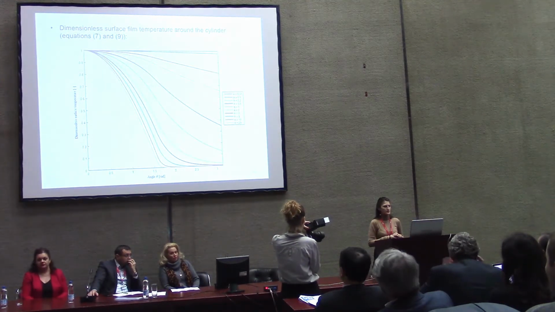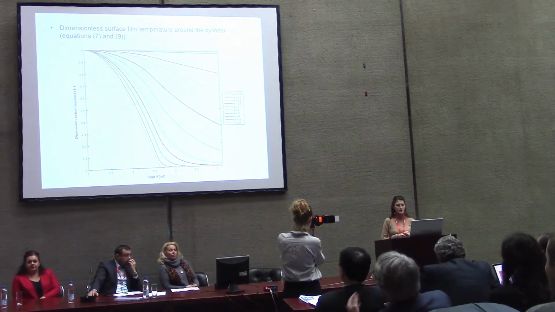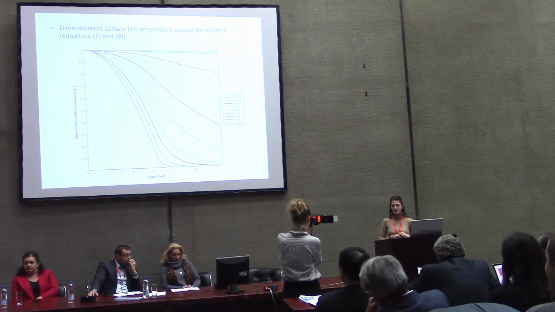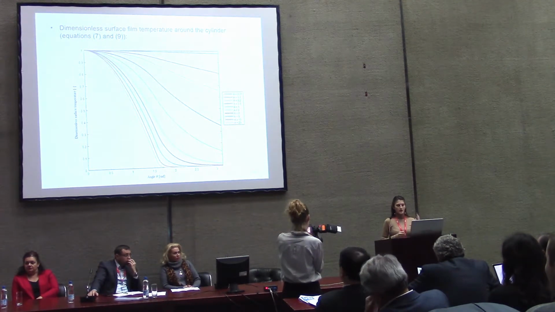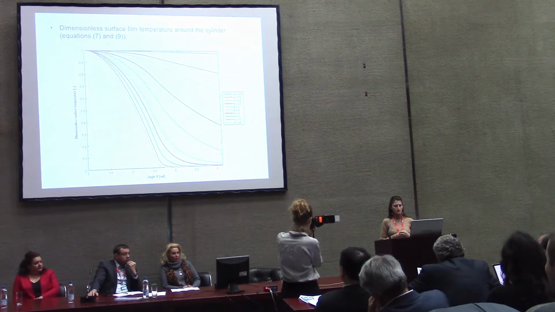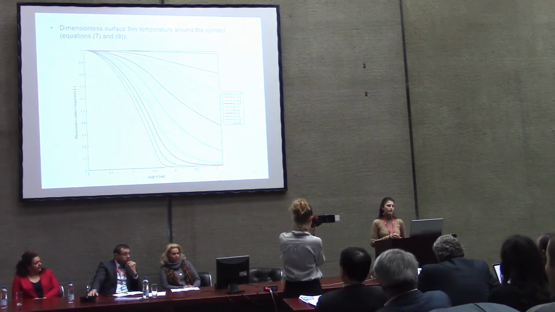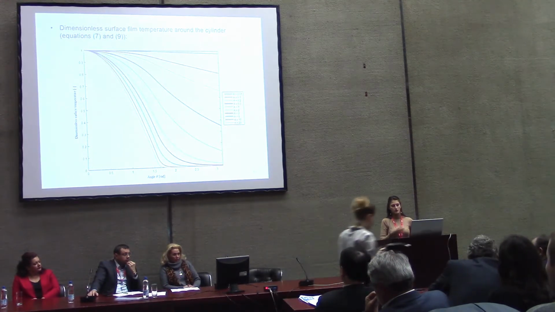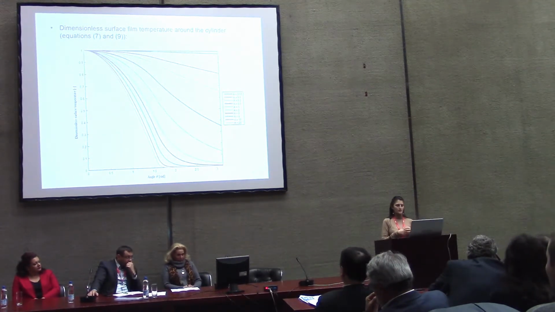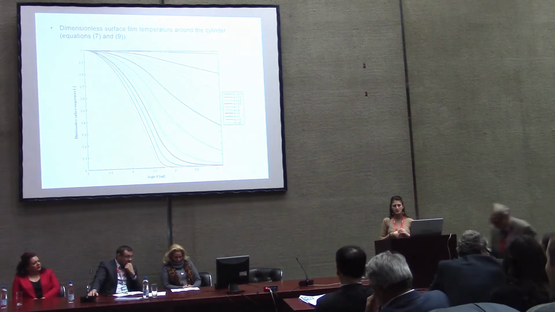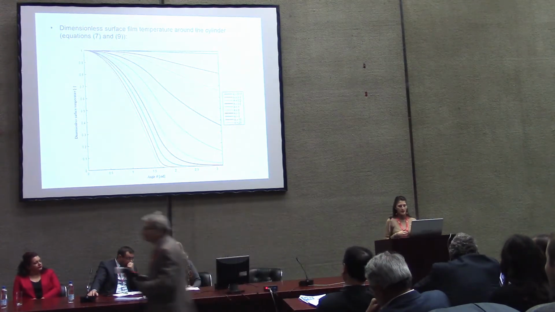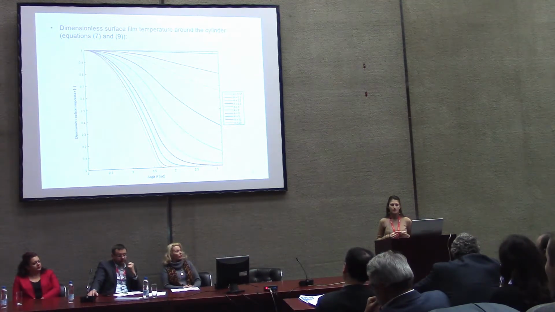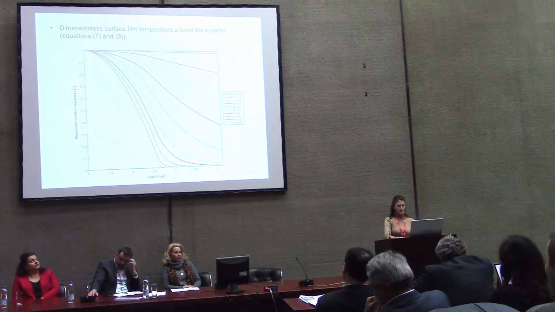This graphic represents the dimensionless surface film temperature around the cylinder for different values of parameter A from 0.01 to 20, and high values of this parameter correspond to rapid heat exchange to cold air or to a small mass flux of film water flowing along the cylinder.